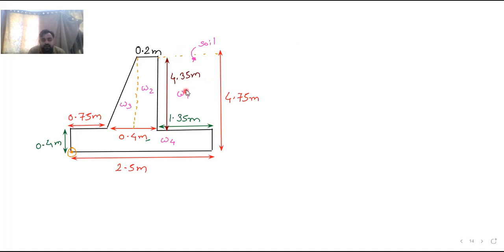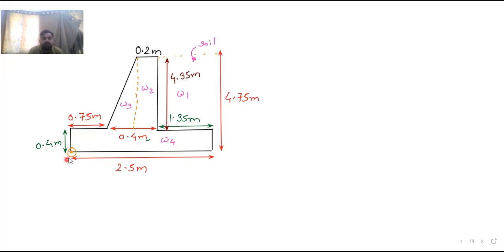So the CG of the rectangle will be at the center. Centroid is at the center. So if this total is 1.35, the center of 1.35 will be 0.675. So here somewhere the force is acting, a point load at 0.675.